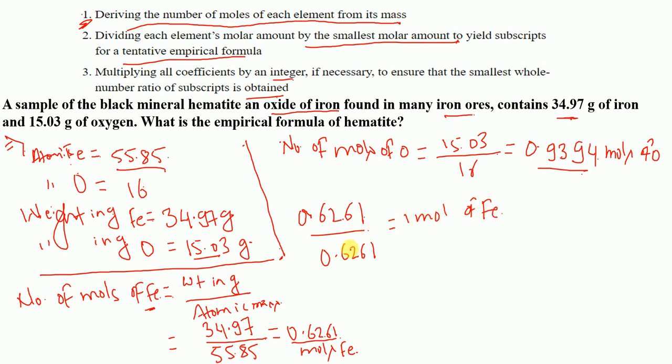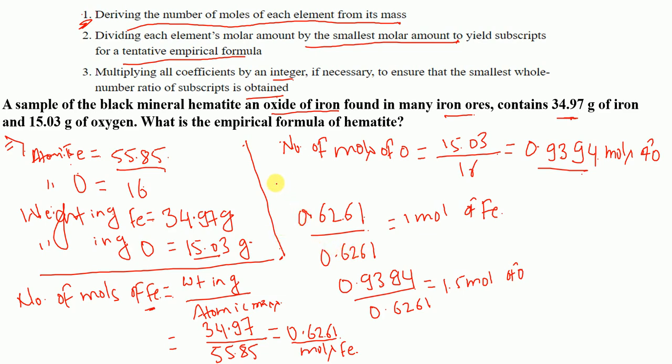Now we divide this 0.9394, for the oxygen, by 0.6261, and the value we obtain is 1.5 mole of oxygen.